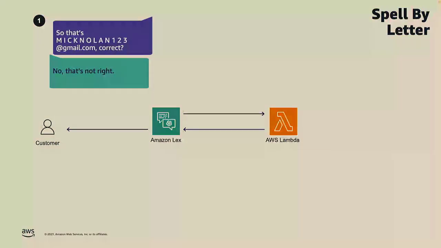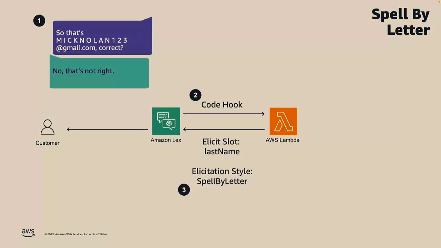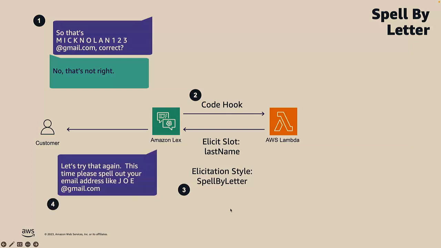Okay, well, this time we want to elicit the same email slot again, but we want to have the customer spell out their email address because we weren't able to get it the first time with how they pronounced it. So Lex is going to call AWS Lambda with a code hook. And Lambda is going to respond with the slot to elicit and the elicitation style. This isn't the exact payload that Gillian went over. We're going to take a peek at that in our Lambda logs, but just for simplicity's purposes, I didn't include that here.